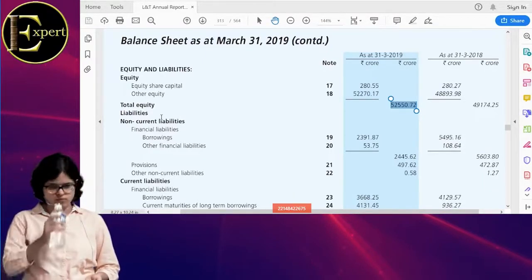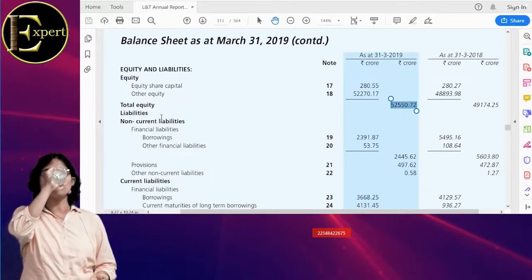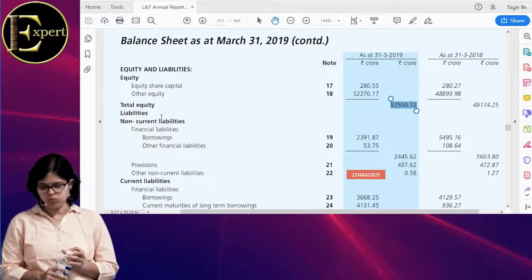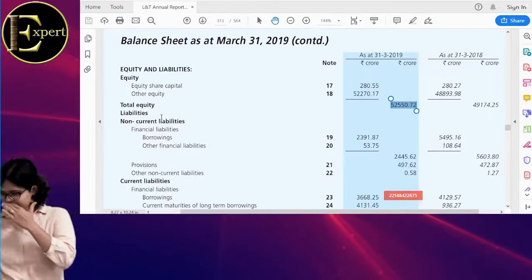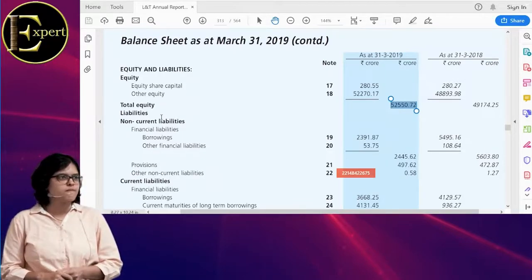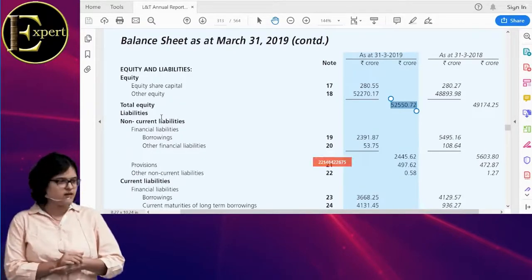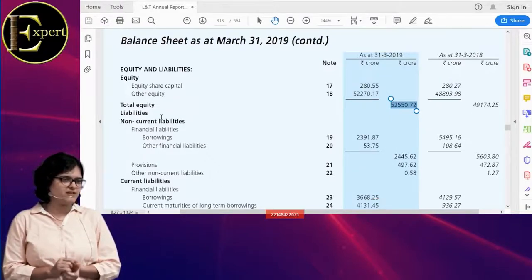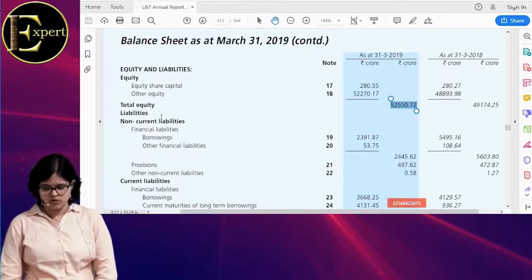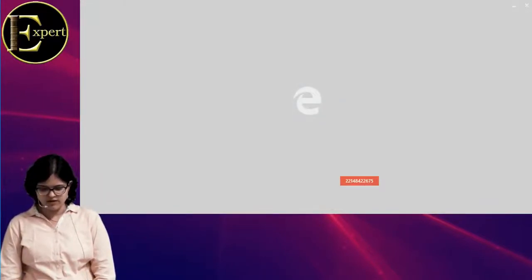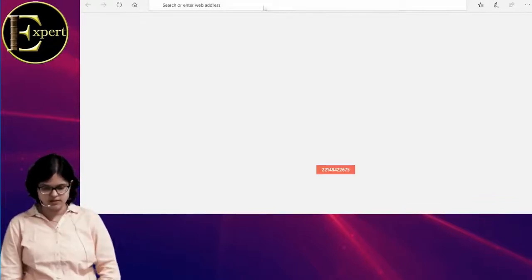Equity. It is very risky. It is very risky to invest in such companies.